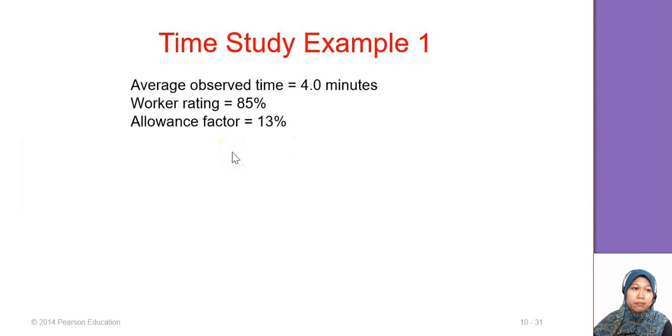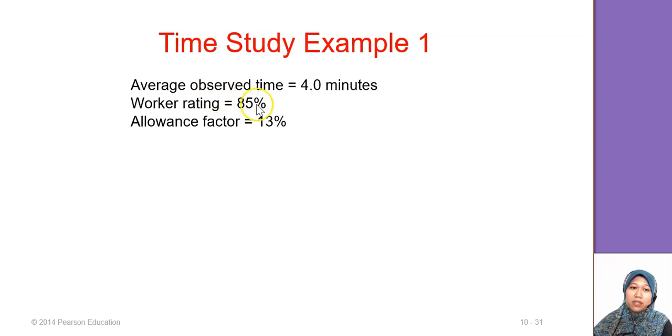Okay, let's look at the time study sample 1, example 1. Observed time is already calculated for you. Worker's rating is 85%, and this is also known as a performance rating. So 100 is at par, meaning the skill is normal. If you get below 100, maybe the skill of this worker is a bit low, and maybe the worker was just introduced to the task.